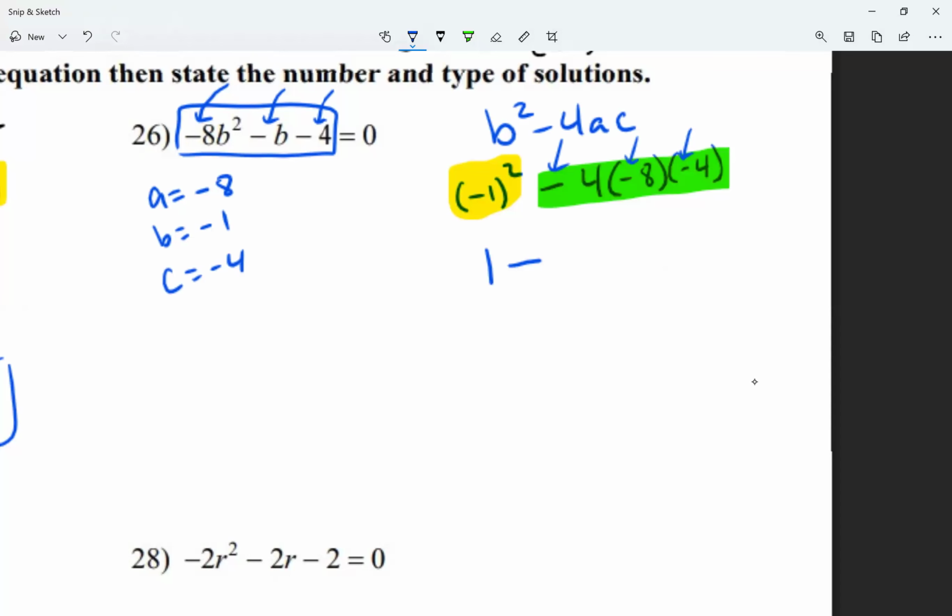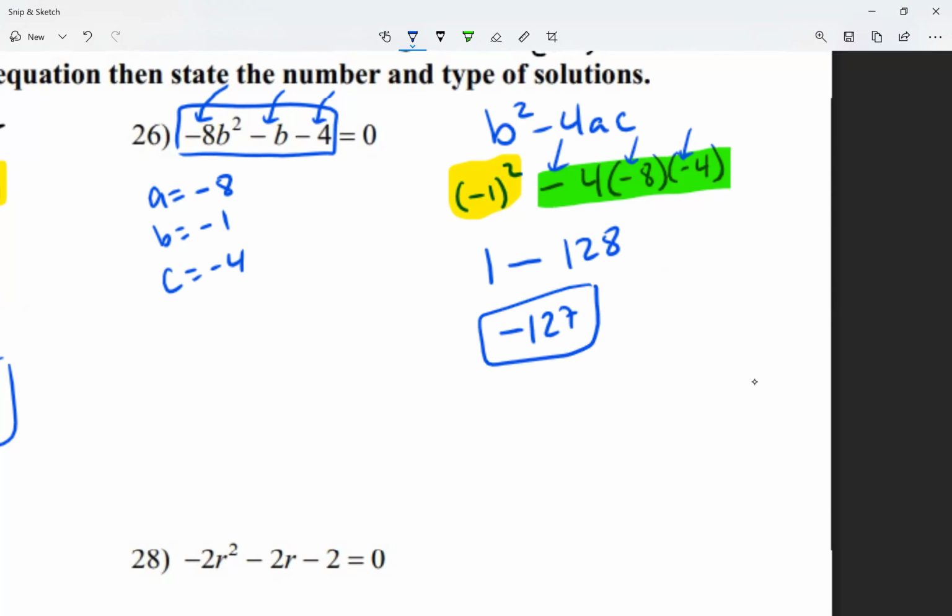So 4 times 8 times 4. I know 4 times 8 is 32, and 32 times 4 is 128. Now, to find my discriminant, basically I'm asking what is 1 minus 128? And my answer will be negative 127.